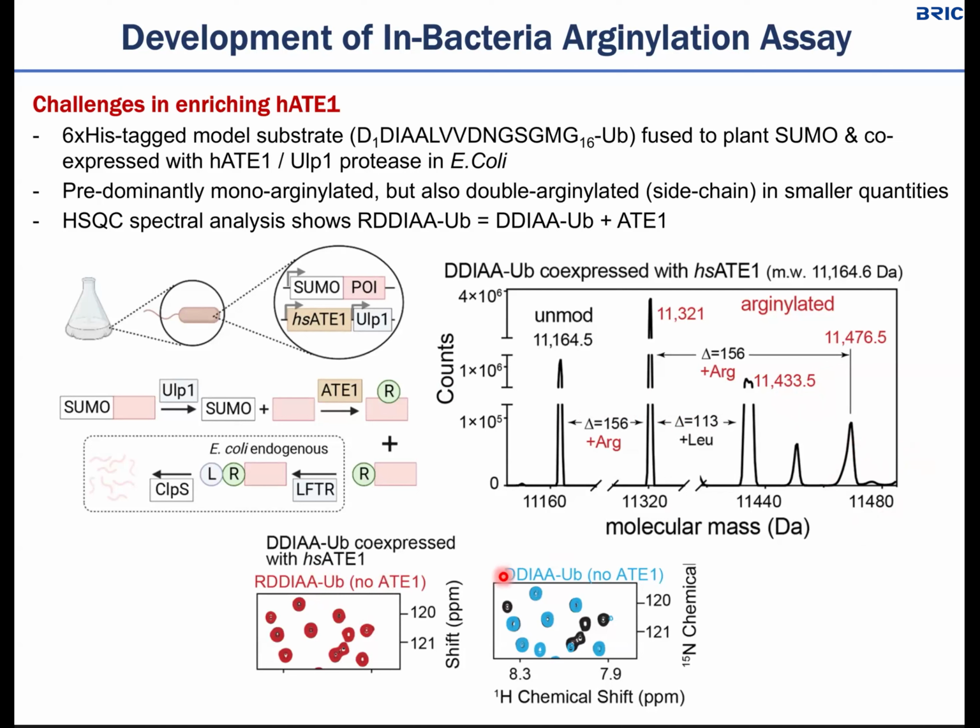The HSQC spectrum of the unarginylated model substrate, when expressed with AT1, aligned with its N-terminally arginylated counterpart, which supports the notion that human AT1 primarily arginylates the N-terminal amino acid of its substrate, whereas the mid-chain, side-chain arginylated products are in lesser quantity and basically undetectable.